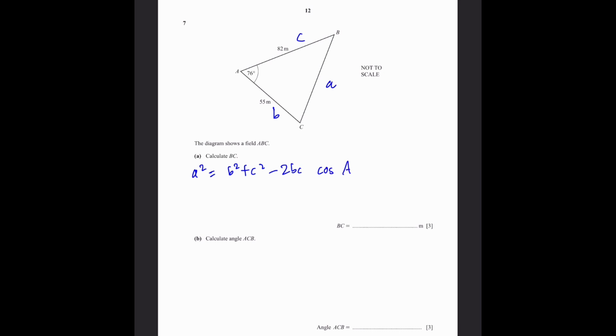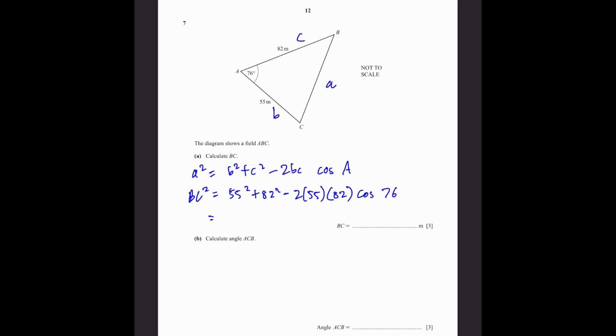And therefore, we can say that BC squared is 55 squared plus 82 squared minus 2 times 55 times 82 times the cosine of 76.